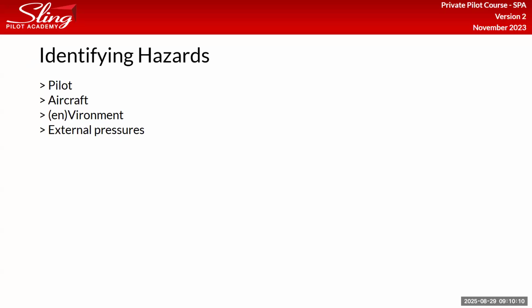Your external pressure is them pressuring you like, let's just go, the weather will be fine once we get up there, I really have to make it to this event on time. And you have to be able to make the decision and say, no, it's not safe. I've done all the other hazards. Maybe the weather's bad, maybe something's wrong in the aircraft. You have to be able to say no, basically, is what we're going to get at.